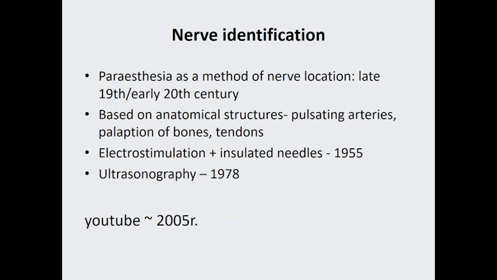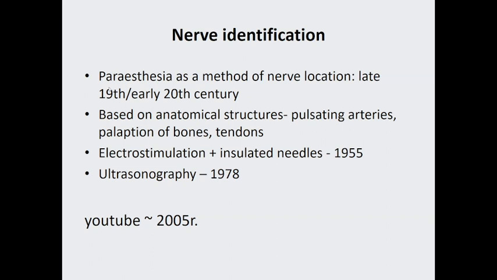Blind paresthesia: we create the paresthesia by stimulation with a nerve stimulator, but it's more under control than just a blind insertion of the needle and looking for the paresthesia. Maybe I will touch the nerve, or maybe I will be close to the nerve. No, so I will try again. So it lasts.